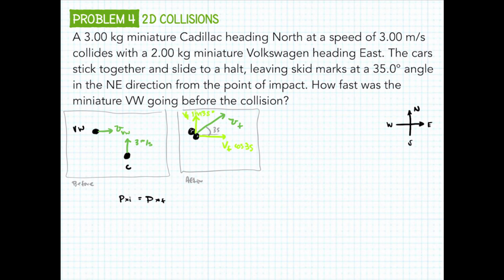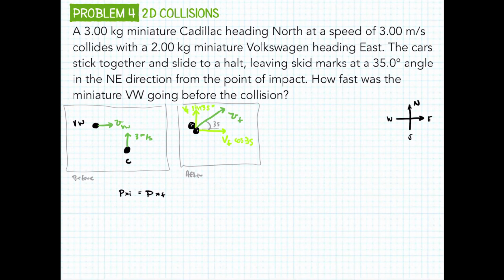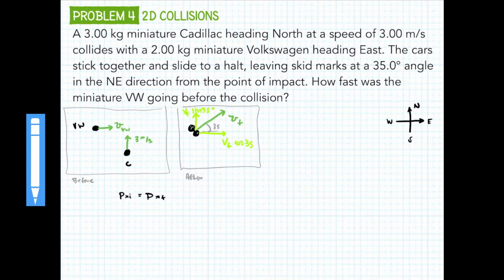Which thing's in the x direction? Which car? Volkswagen. So you can say mass Volkswagen times velocity Volkswagen plus 0, right? Because there's nothing else going in the x direction.